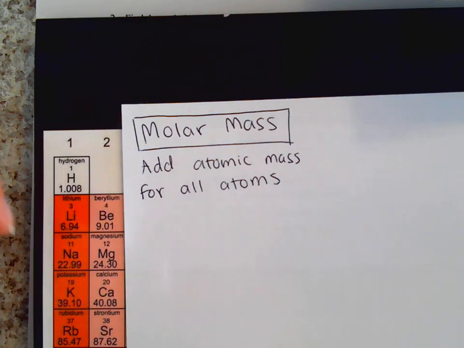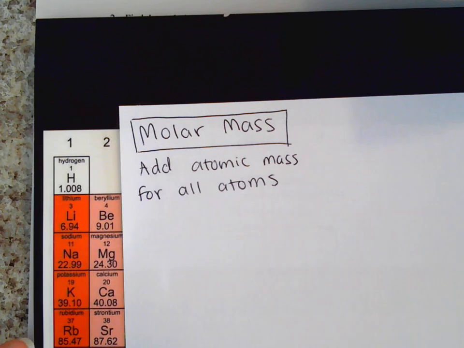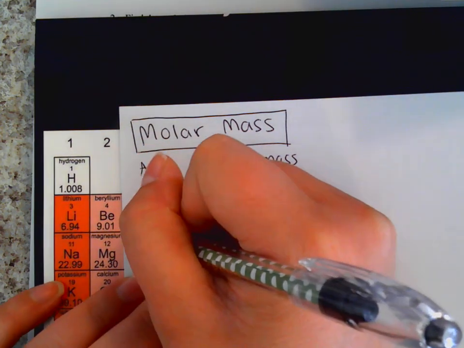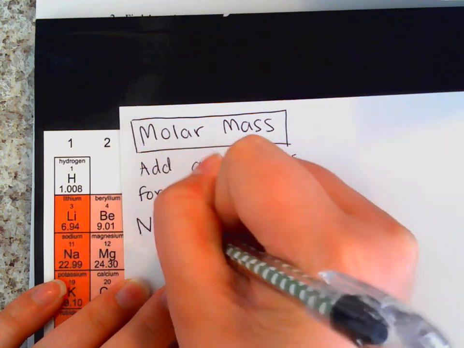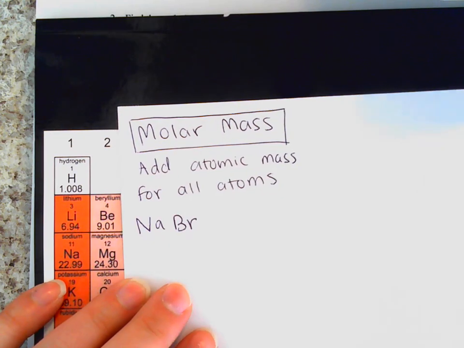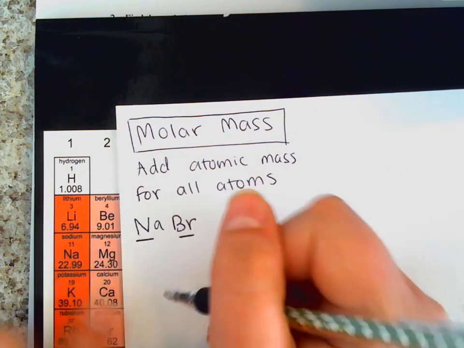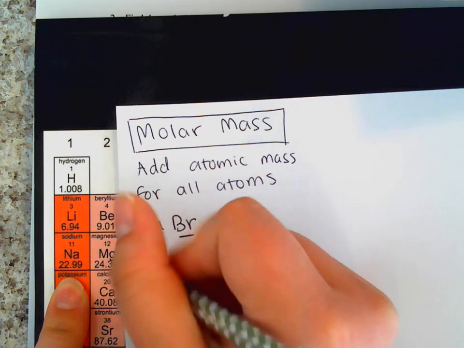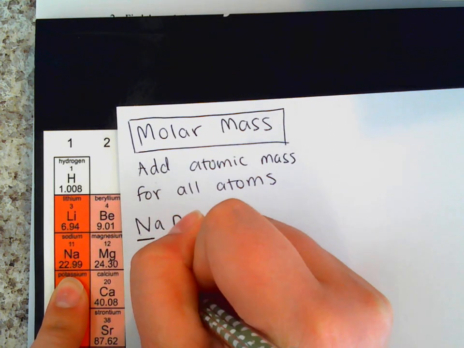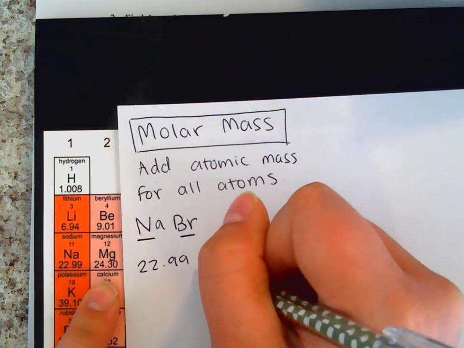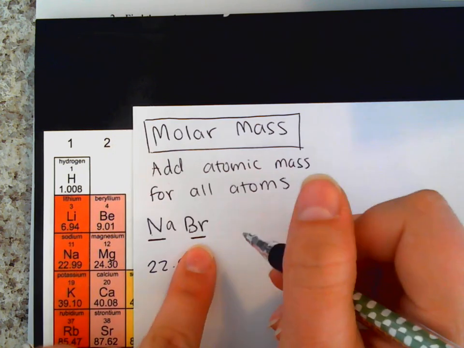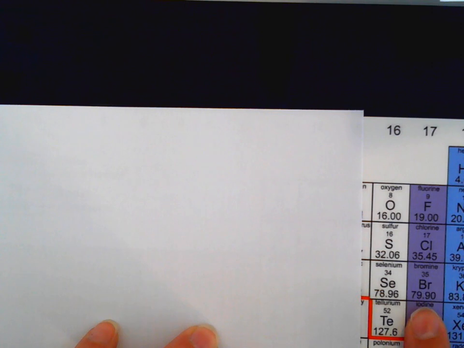Alright, so to find the molar mass, you need to add the atomic mass for all the atoms. So we're looking at NaBr for our first compound. So we're going to add Na and Br. Using the periodic table, the atomic mass for sodium is 22.99, plus the atomic mass for bromine, which is 79.90.